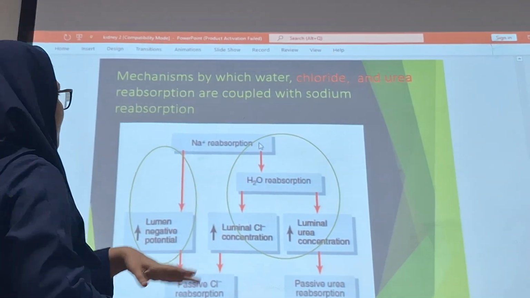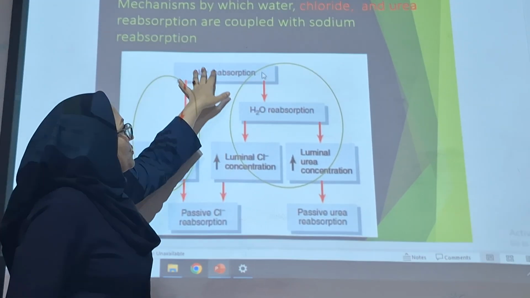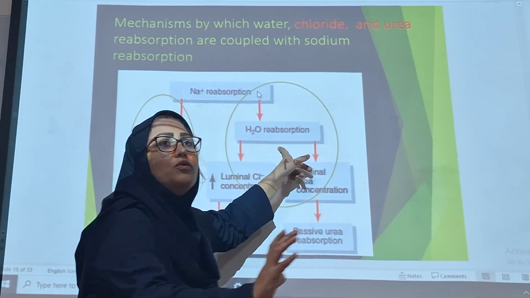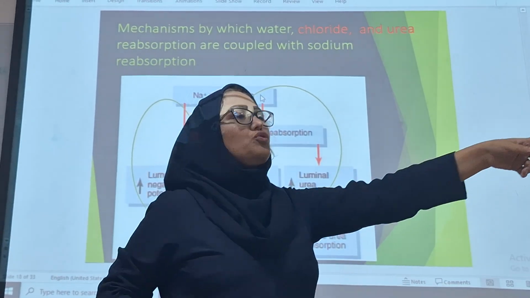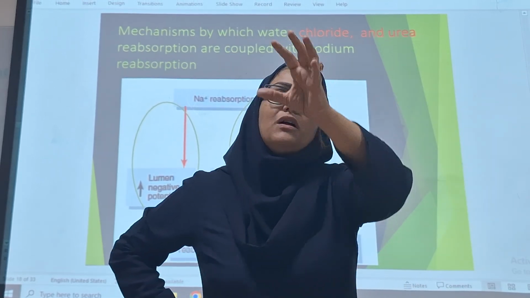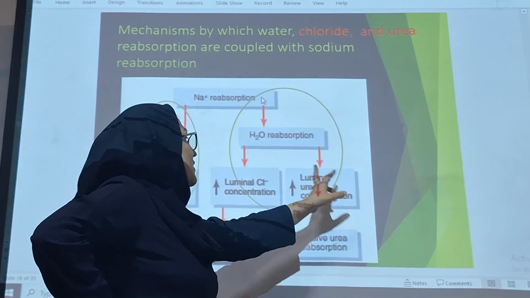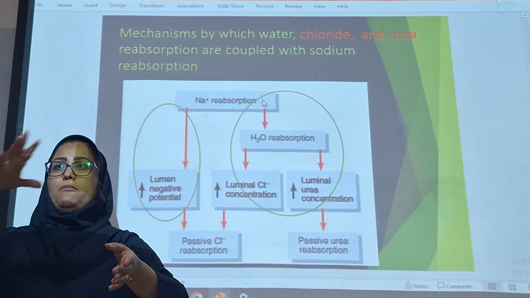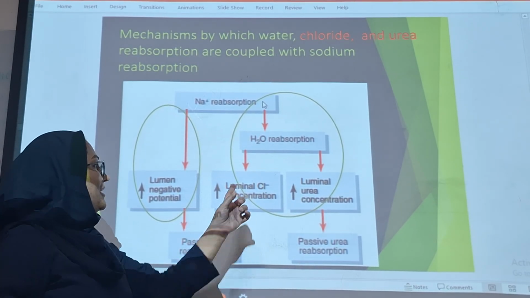Sodium reabsorption: when sodium is reabsorbed, water follows sodium ions. Why? Because, as I told you, the tight junctions are not that tight. Suppose that in a lumen, sodium is reabsorbed and water is reabsorbed. What happens?